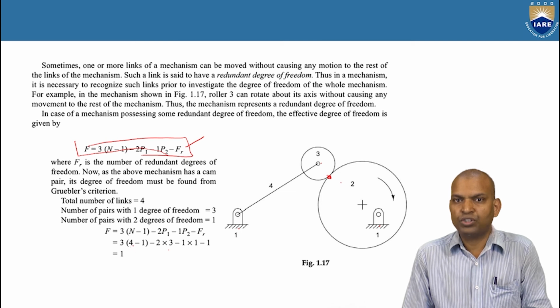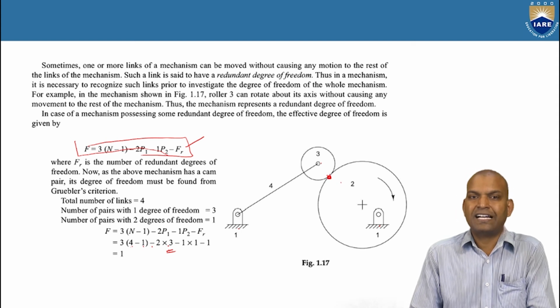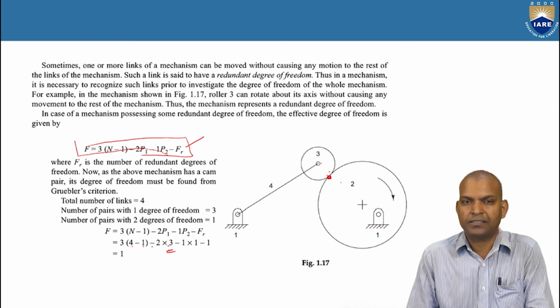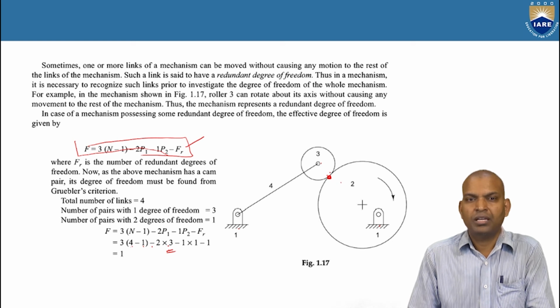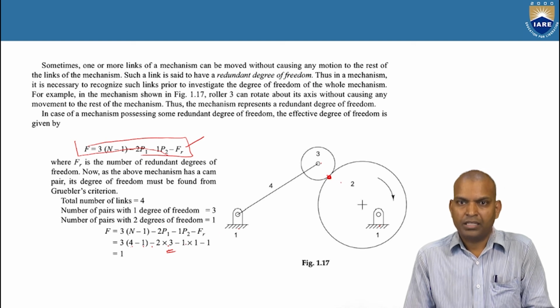Number of links is 4, so 3 into (4 minus 1), minus 2p1, that is the number of lower pairs, 2 into 3. How many higher pairs are there? A single higher pair. What is a higher pair? If the contact between two links is either point contact or line contact, then it is considered a higher pair. What is the redundant degrees of freedom?